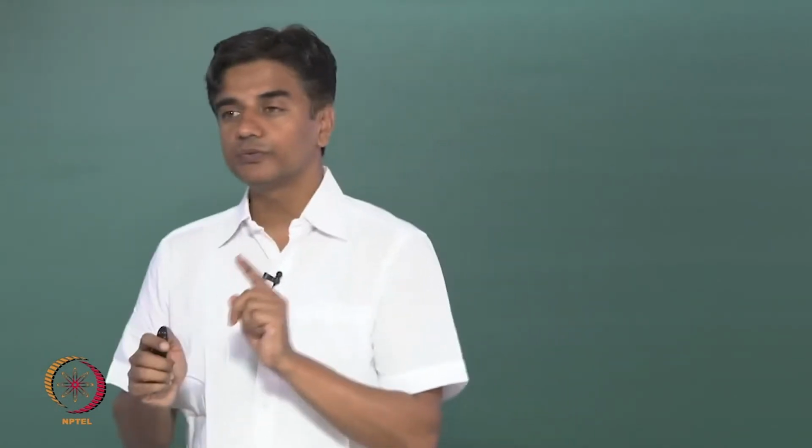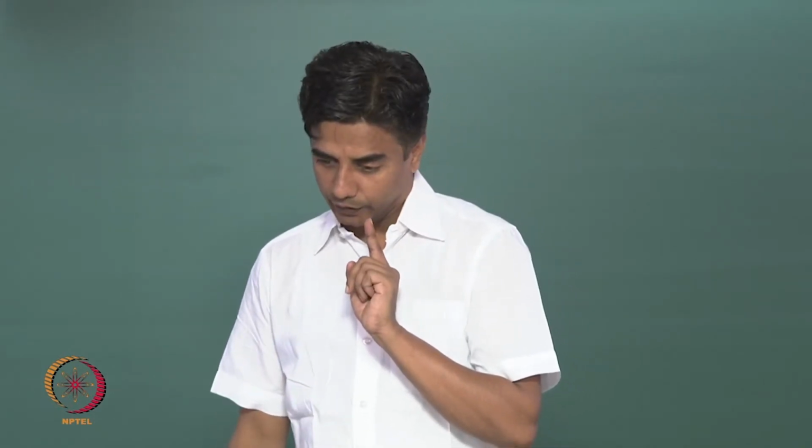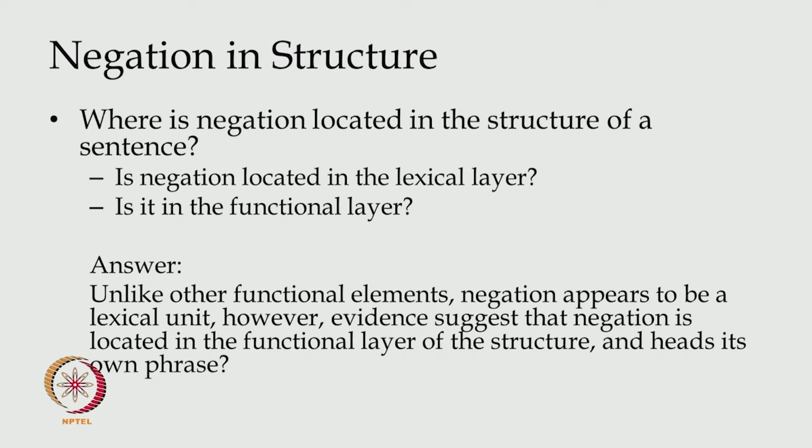Do they belong to the lexical layer of a sentence or to the functional layer? That becomes a broad question at the abstract level where we need to explain this theoretically.